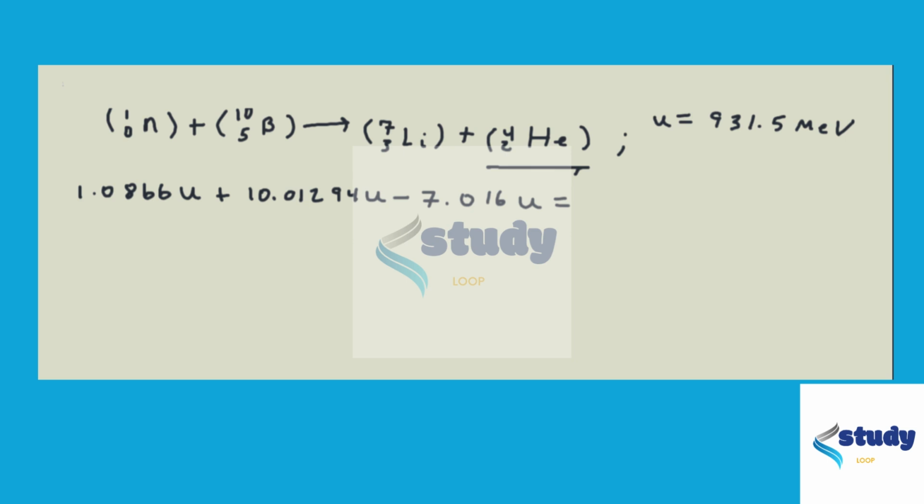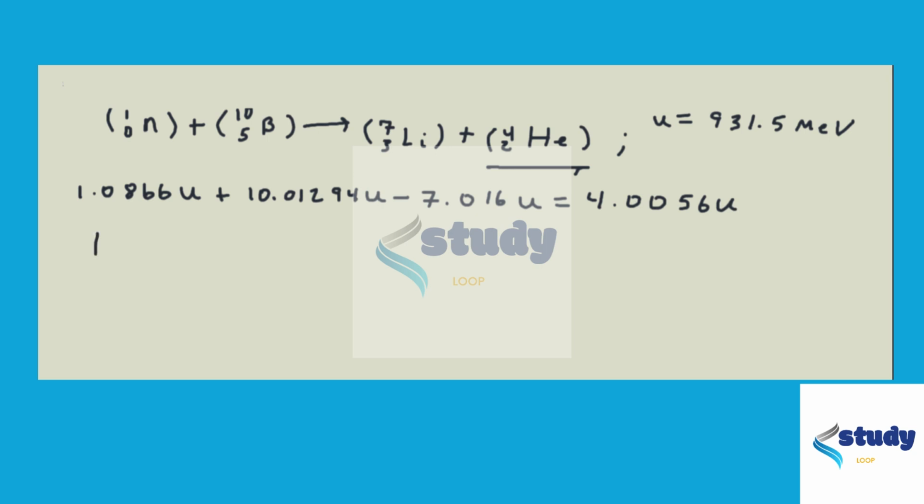So essentially, this is the energy we start with minus this lithium energy, and that will give us what's left over for the alpha particle. It's just an algebraic relationship, and we're left with 4.0056 U.